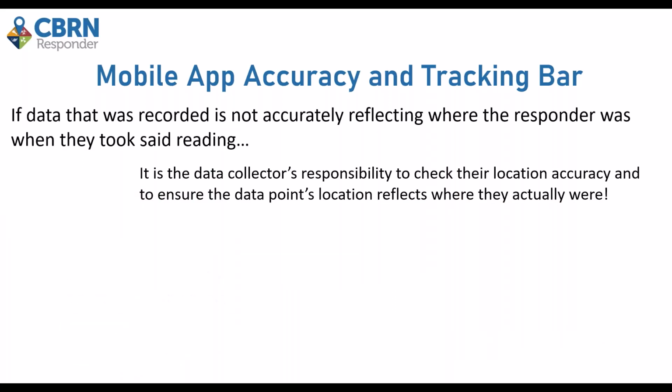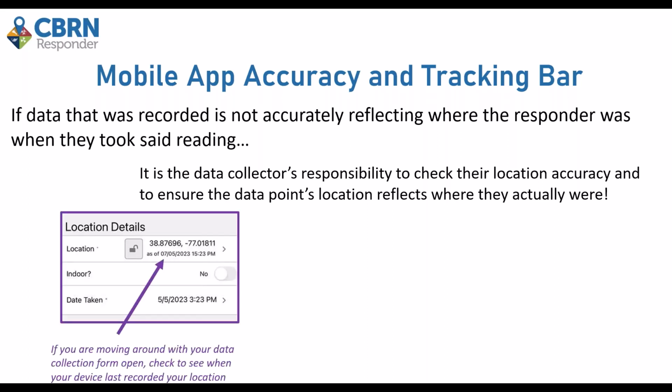So a few cases that may come up here, if data that you recorded was not accurately reflected of where you actually were when you took the reading, it's going to be your responsibility to make sure that your location accuracy reflects where you actually were.